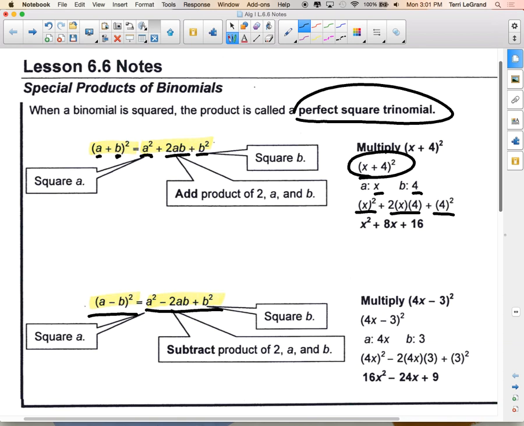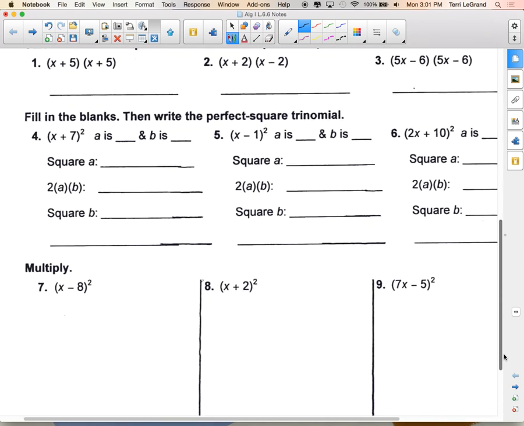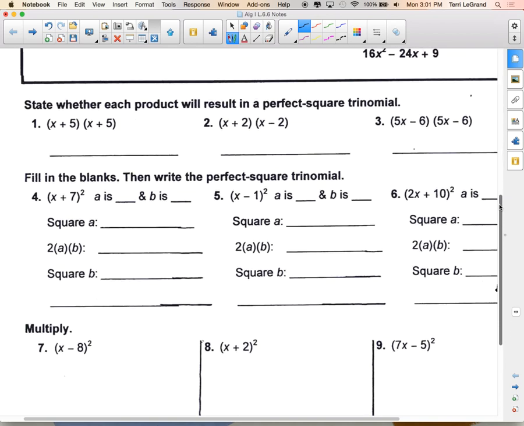Not every multiplication is going to become a perfect square trinomial. When you're taking a binomial times itself, you should get a perfect square trinomial. Okay? So let's go down here and do some looking to see if we can tell whether the product should be a perfect square trinomial or not. Look at number 1. What do you think? Yes. Why?